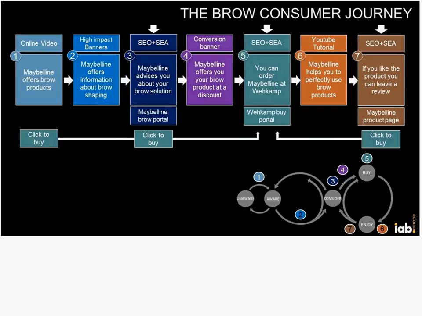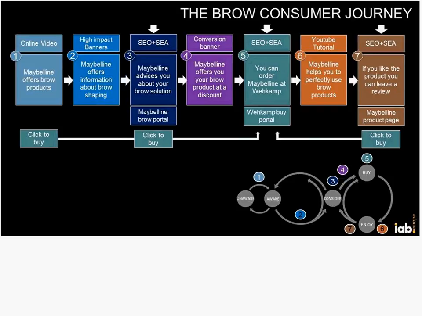Of course, not all consumers start at step 1. So we used technical audiences, from owned media, to exclude people from receiving messages that were not relevant to them anymore because they were already aware of Maybelline Brow products, for instance.